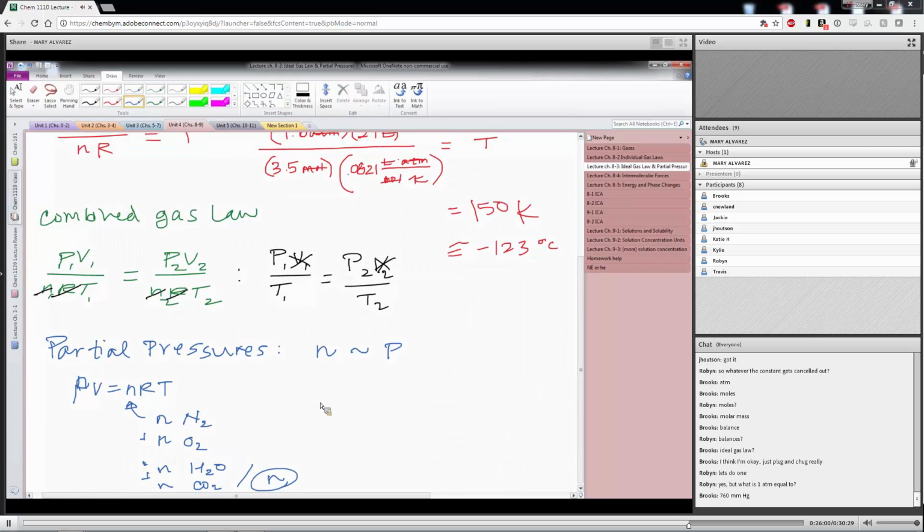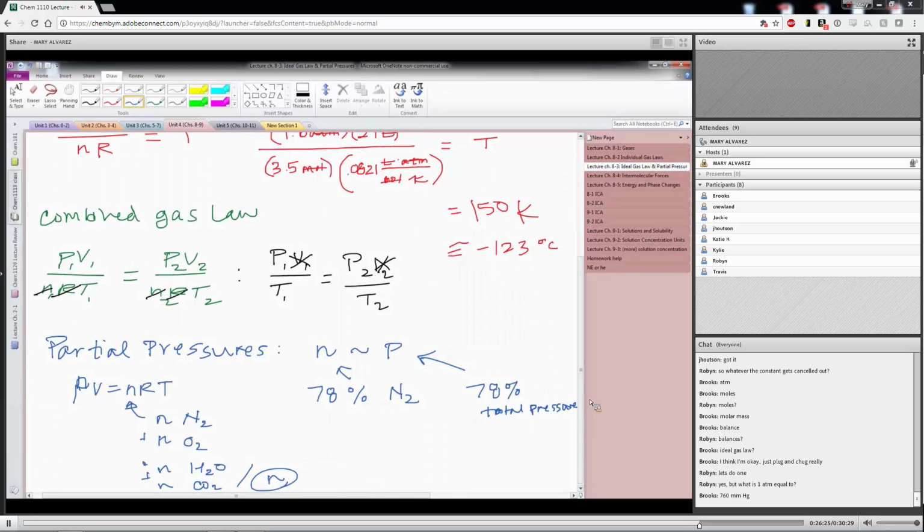So for instance, if we say that air is 78% nitrogen, then we could say the pressure being exerted by the nitrogen in the air is 78% of the total pressure, the total air pressure that we're feeling.